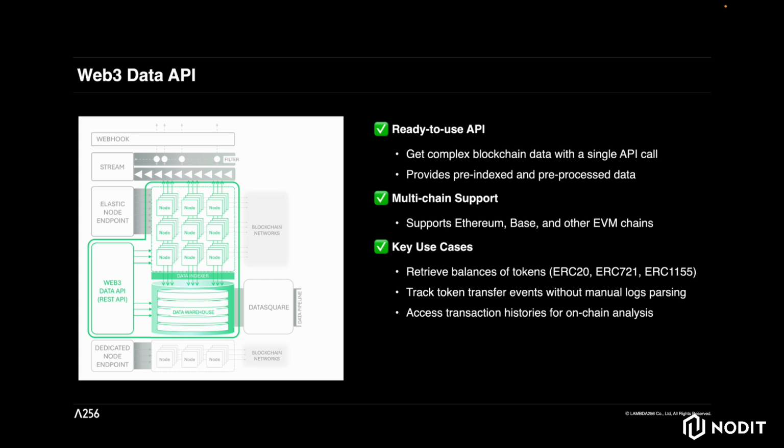It works with Ethereum, Base, and other EVM-compatible chains, so you can build across multiple networks without extra setup. With Web3 Data API, you can retrieve token balances, track token transfers, get transaction histories to analyze on-chain activity, and more.